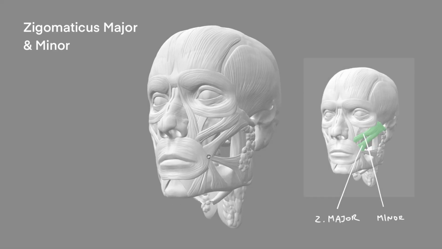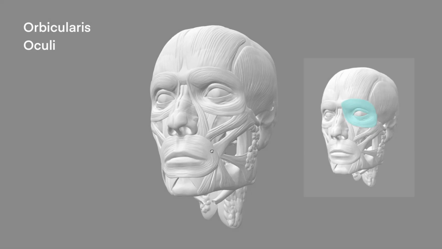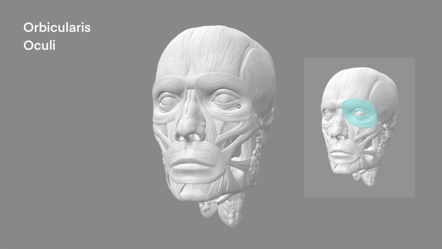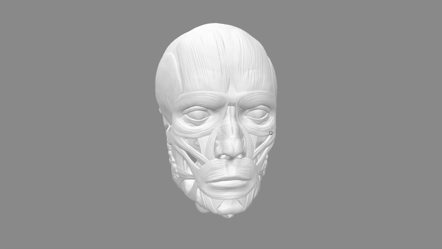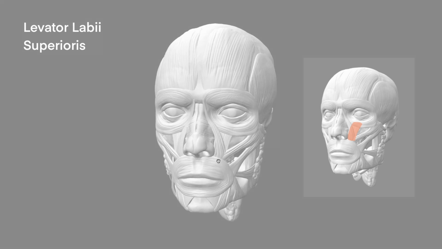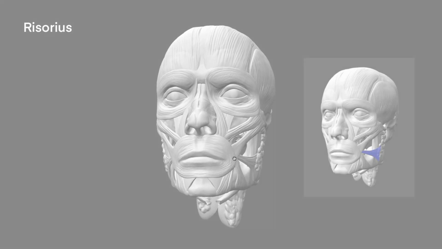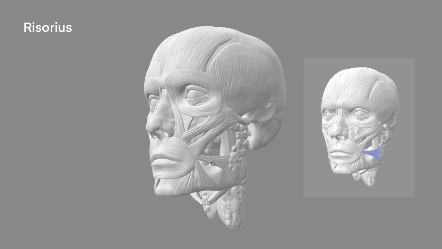The zygomaticus major is commonly referred to as the smiling muscle and is responsible for lifting the corners of the mouth. Orbicularis oculi is the muscle responsible for squinting the eyes. Levator labii superioris is responsible for lifting the upper lip, and risorius is responsible for widening the smile, so it's commonly used when we laugh.